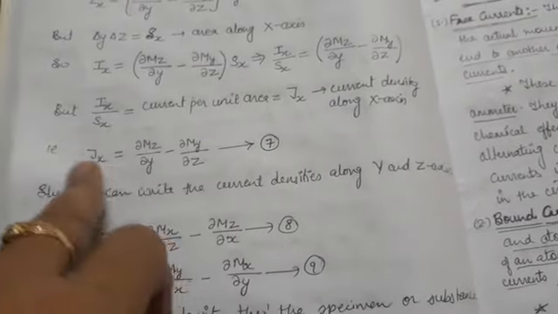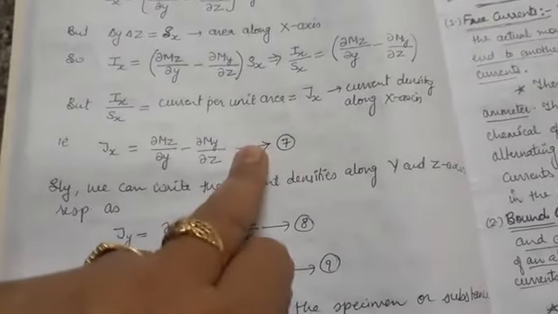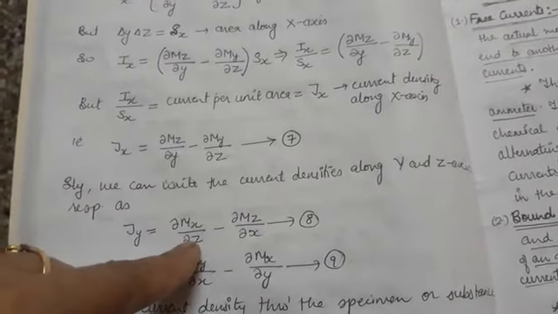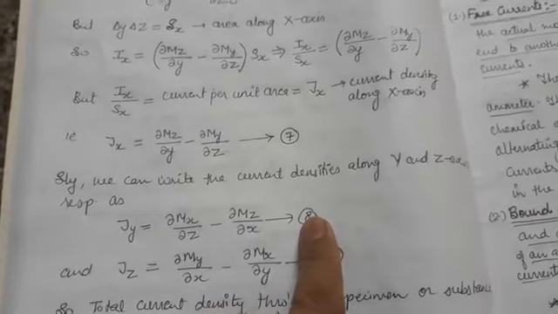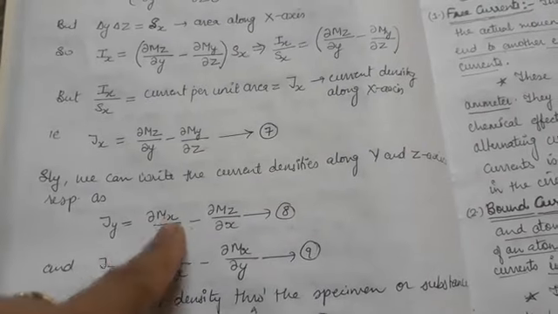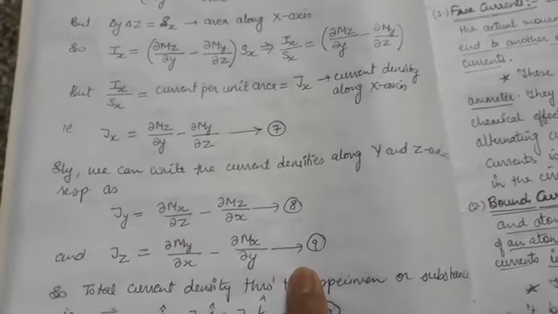Now, similarly, other expressions of J can be obtained from here. What do you have to do to find Jy? In this expression, replace x by y, y by z, and z by x. You will get equation number 8. Similarly, to obtain Jz, replace y by z, z by x and x by y. You will get equation number 9.